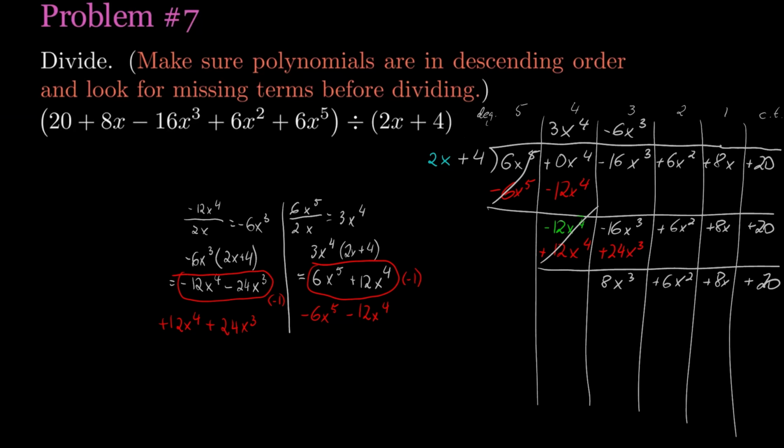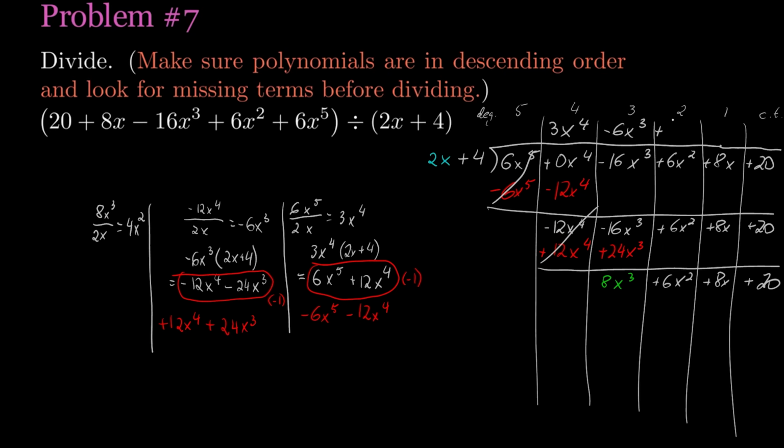So I have to go through another division step with our result as the new dividend, whose leading term is 8x cubed, and that 8x cubed is divided by the leading term of the divisor, 2x. We simplify, 8 over 2 is 4, and then we're left with x squared.